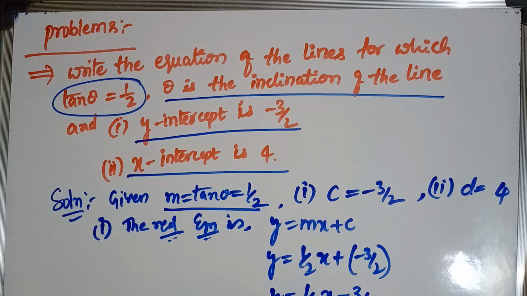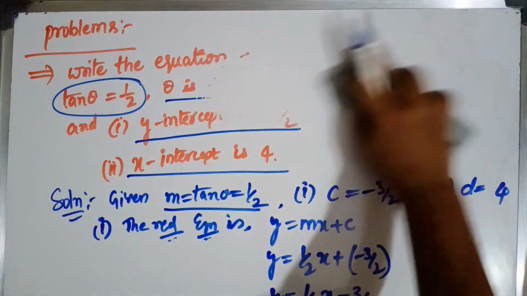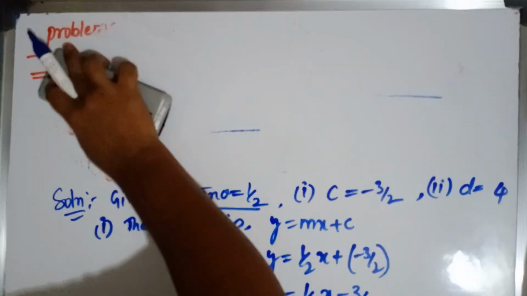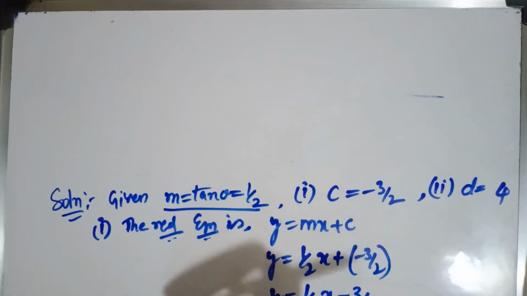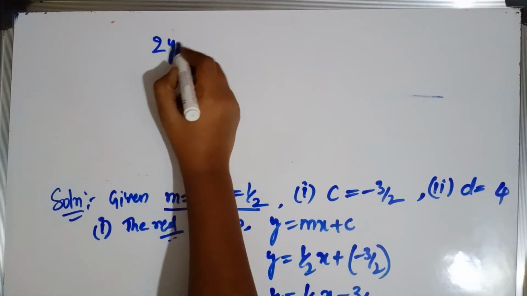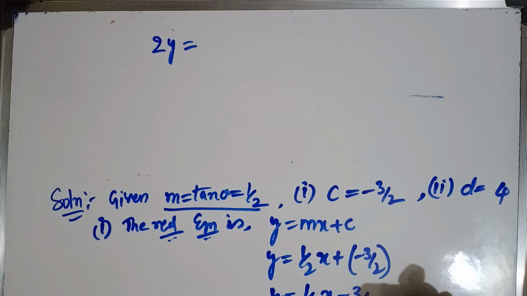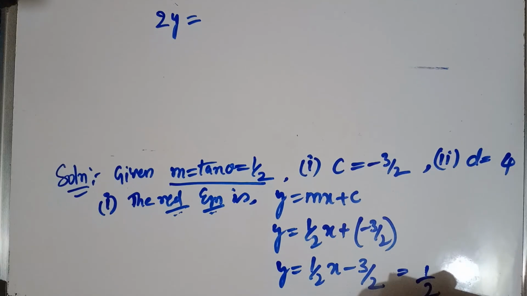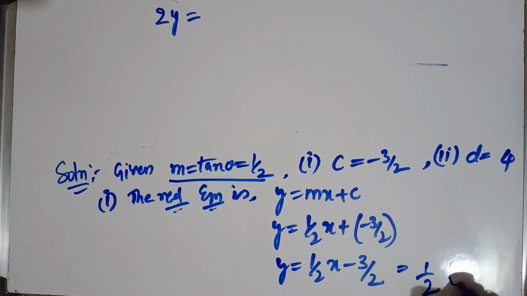Okay, so here 2 will be the LCM. Then this becomes 2 times y, equal to, if you take 1 by 2 common, or you can take LCM, so y is equal to 1 by 2 into x minus 3.